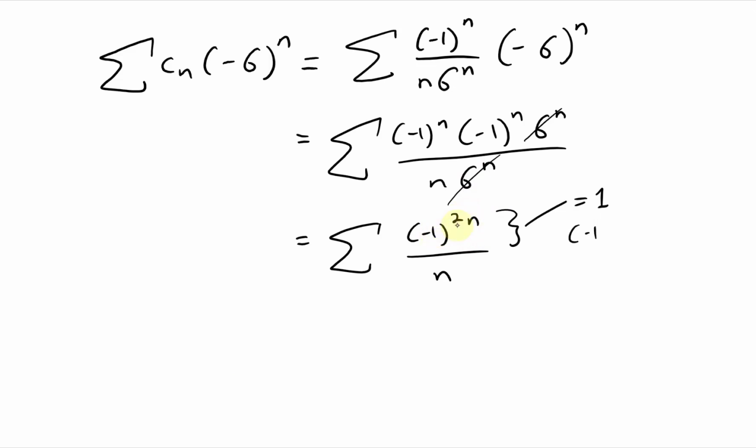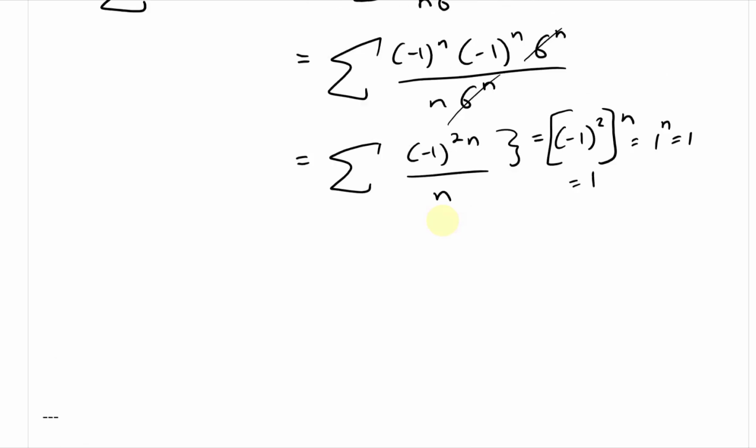If you have negative 1 to the power of 3 times 2, that equals negative 1 to the power of 6, which equals 1. So it's always going to be positive. Or you could even write this as negative 1 squared, all to the power of n. Same thing, this is always positive and equals 1.